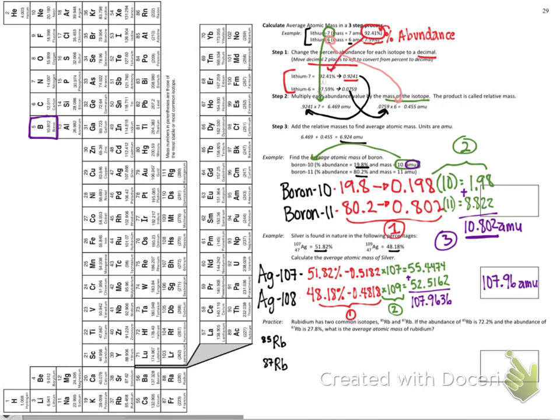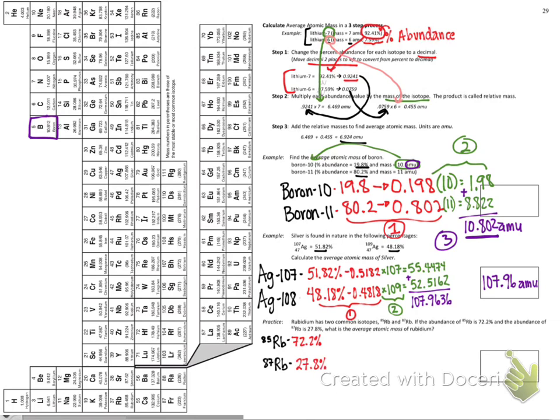All right, and then I'm going to take those percent abundances that are being given to me. For rubidium 85, my percent abundance is 72.2%. And my percent abundance for rubidium 87 is going to be 27.8%.